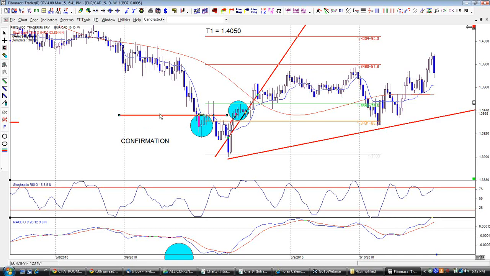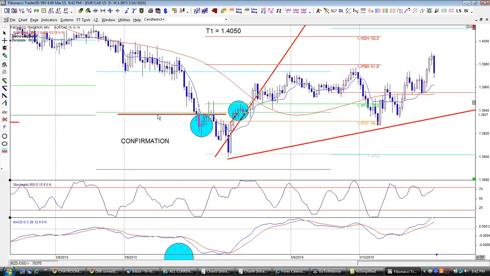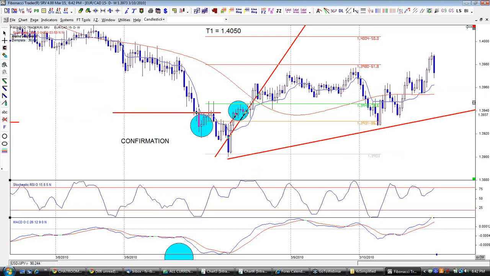So the red line here represents the entry level. We also have daily pivot point support 2 at that level. I will remove the pivot lines for now, so the chart looks clean.